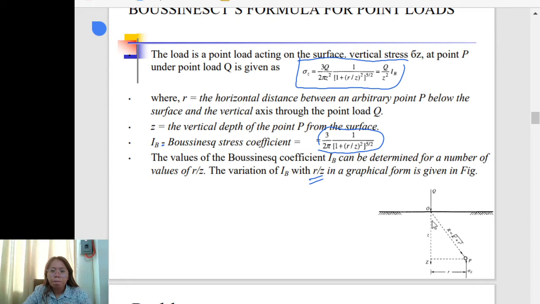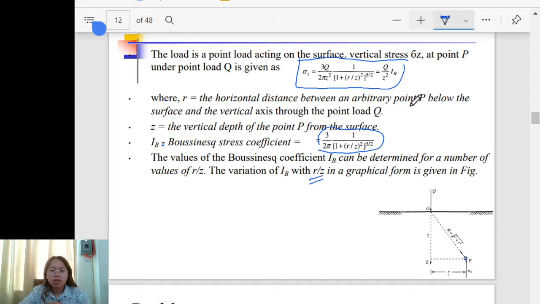Z is the distance from the load directly below the point load, and R is the lateral distance from the point load to a certain point. If you consider what is the stress at point P, that is how we solve it.